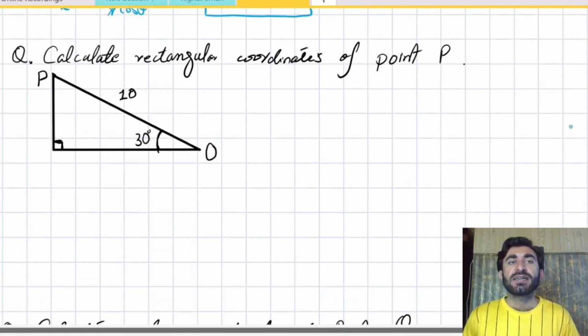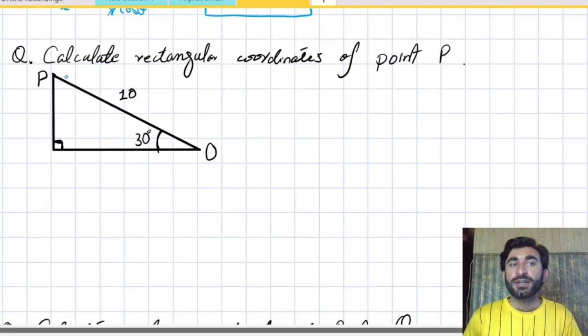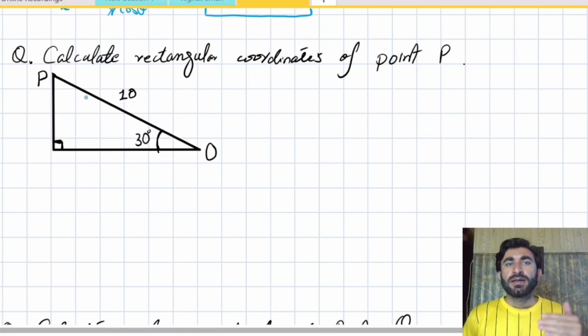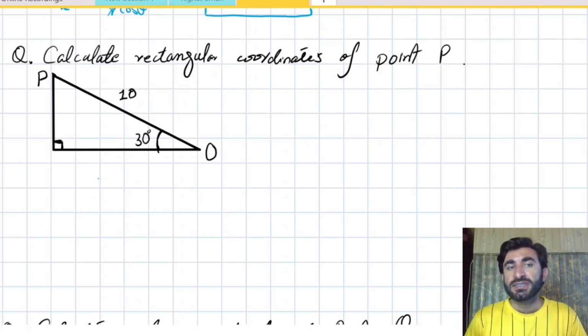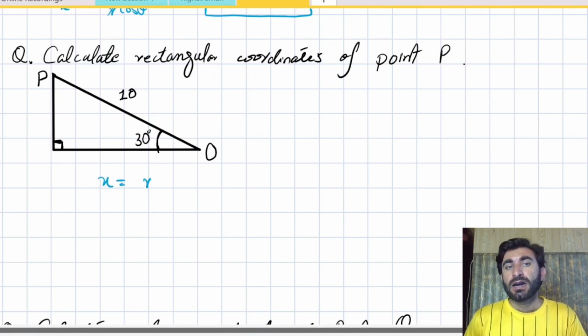Then we take some examples, like I have a point P and its polar coordinates are given. R is 10 and theta is 30. I want its rectangular coordinates. And we know that x is r cosine of theta, y is equal to r sine of theta.